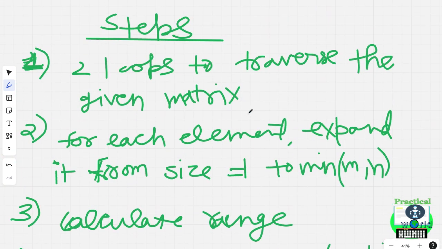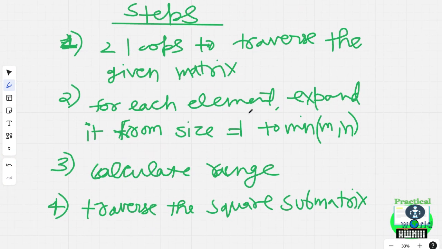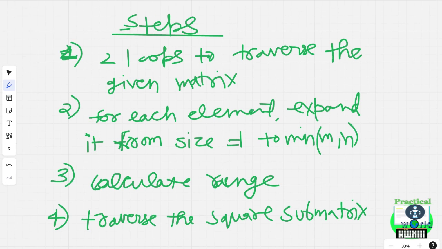So now, what are the steps to solve this problem? We are discussing the brute force approach. The first step is we have to use two loops to traverse the given matrix. We know if we have to traverse each and every element in a 2D array, then we need two loops, one for the row and one for the column.